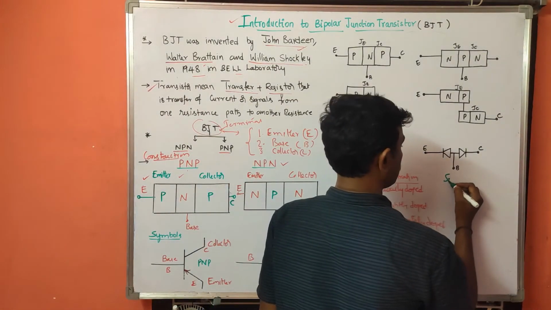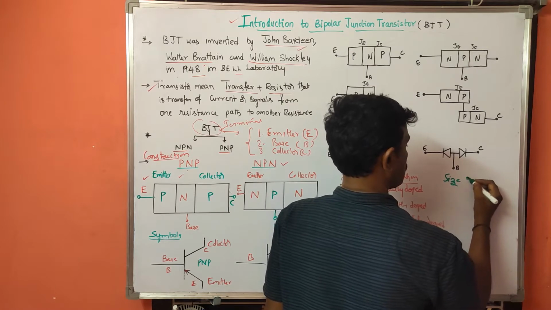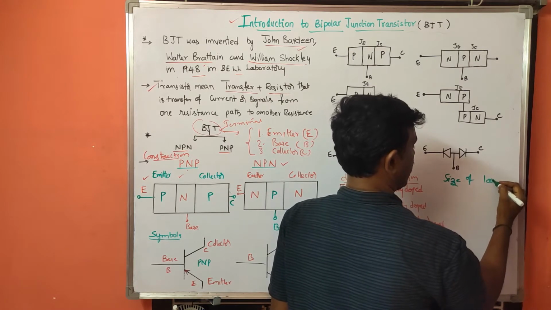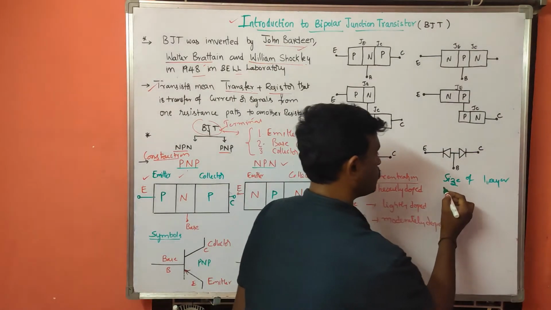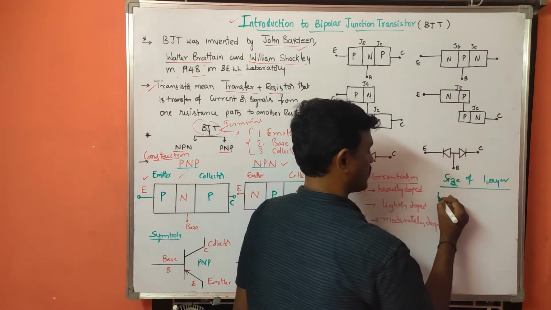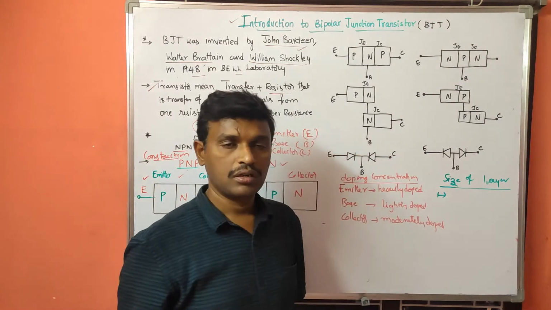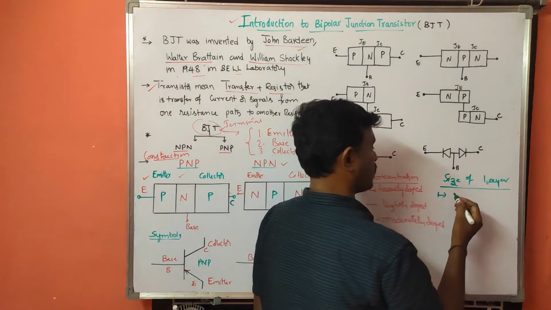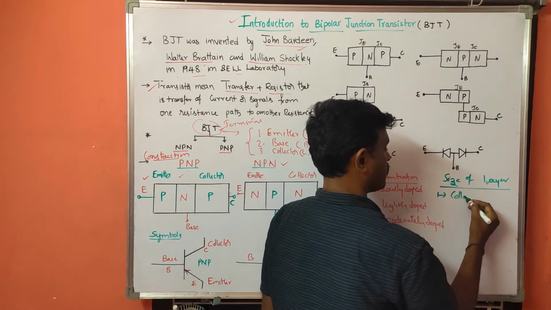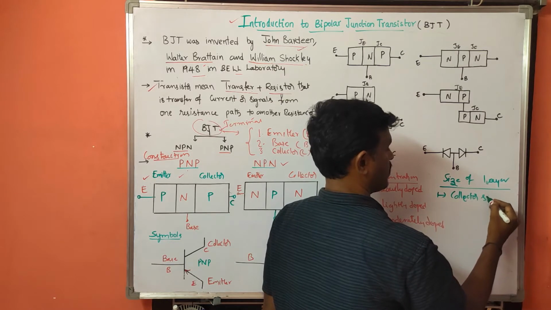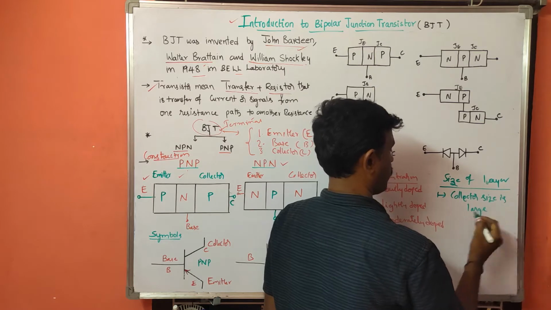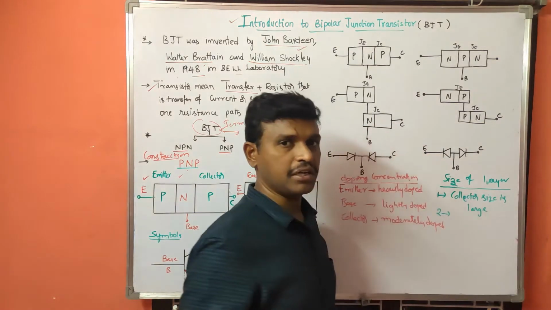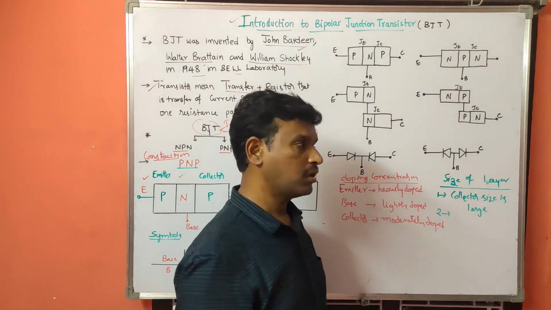Size of the three layers we have: the size of the collector is large. The second one is the emitter size, or emitter width.